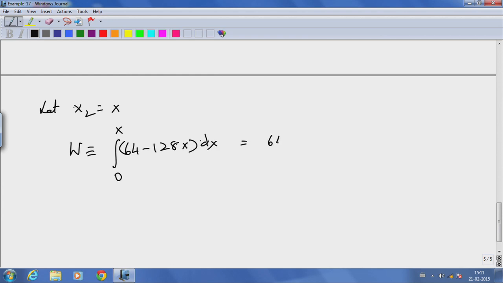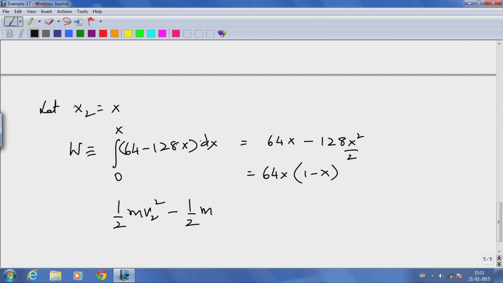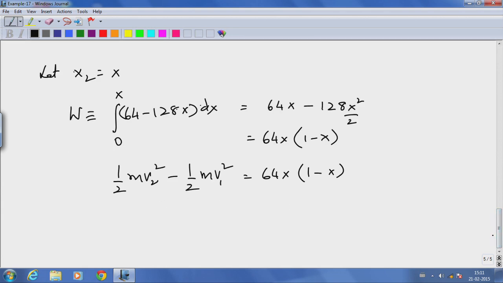Let us go through and integrate that. So, that gives me 64 x minus 128 x squared over 2, which is 64 x times 1 minus x. Okay. So, half m v2 squared minus half m v1 squared equals 64 x times 1 minus x, that is what we just found.